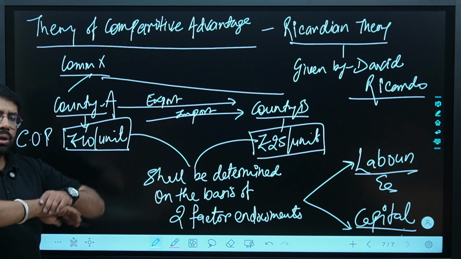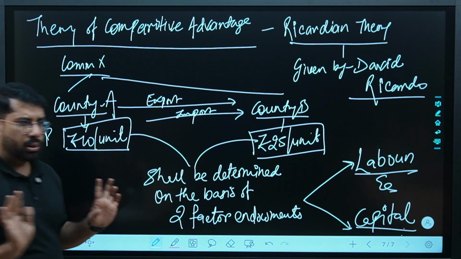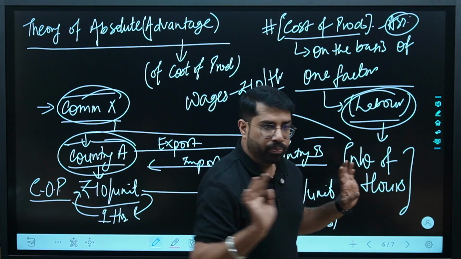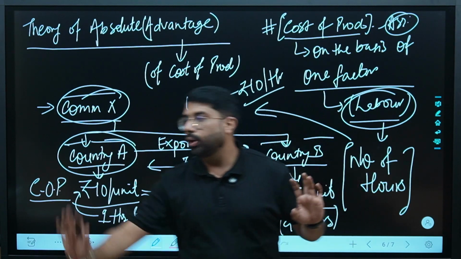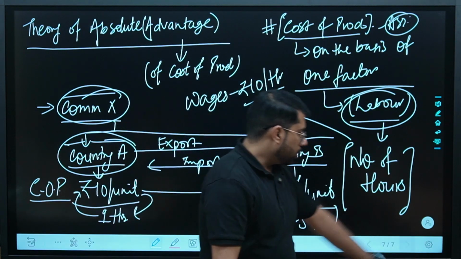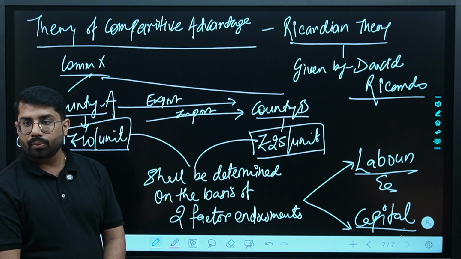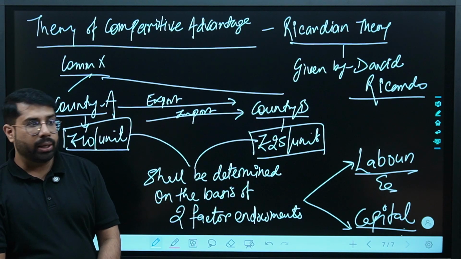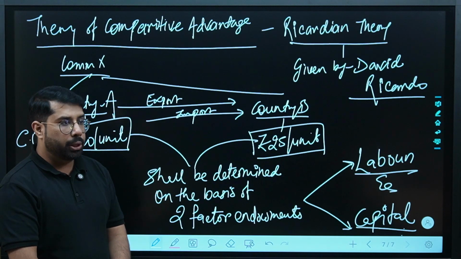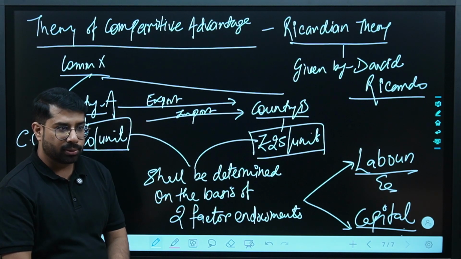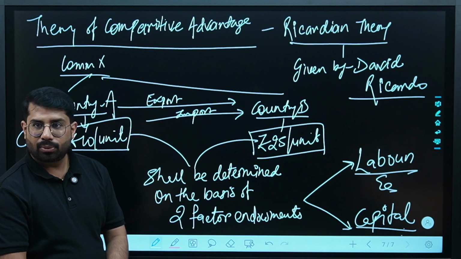Yes, sir. The difference is only one. What is the difference? Here the factor endowment is only one. Cost is being decided on the basis of labor only, and here cost is being decided not only on the basis of labor but also capital. If you remember microeconomics chapter 3, production function, if you remember the Cobb-Douglas production function, not done?